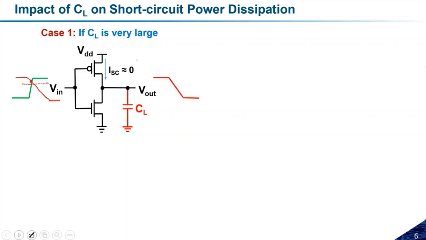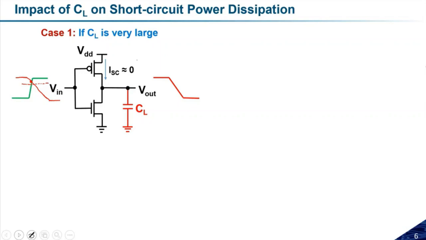The one advantage we are getting after increasing this CL is that we can reduce the short circuit power dissipation. But on the other side, because it takes more time to charge, similarly it will take more time to discharge, so the charging and discharging time constant is very high, and the delay will increase. So there is a trade-off between delay and power.